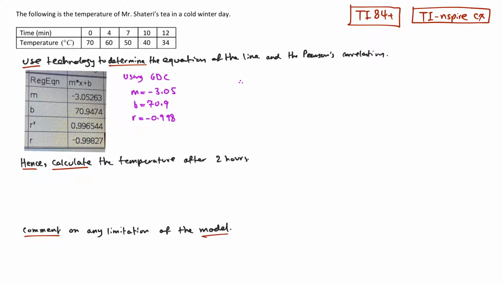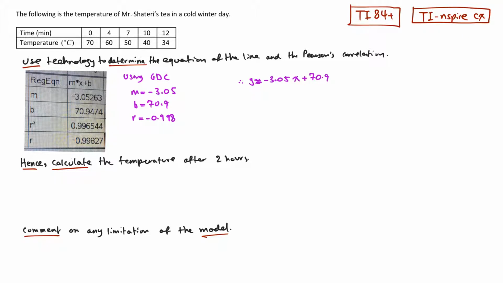Therefore, the equation of the line is y equals mx plus b, so my m value is negative 3.05x plus my b value, which is 70.9. And if you want to be more exact, you can write this as an approximation, because we're approximating these values since we're not writing all the significant figures.